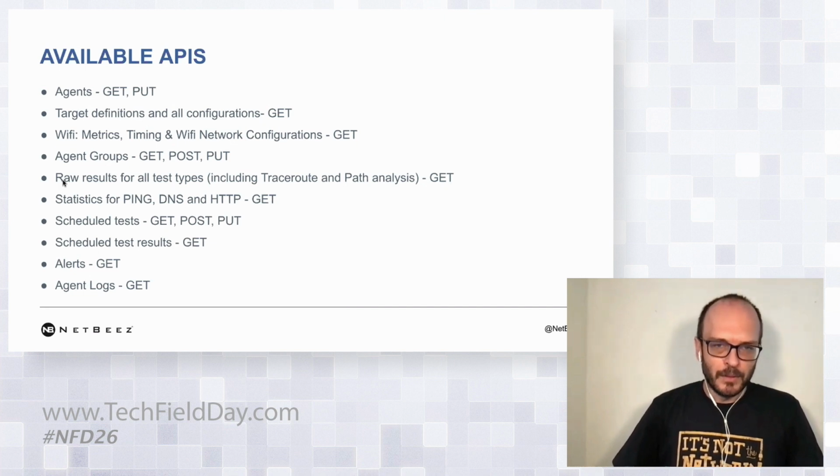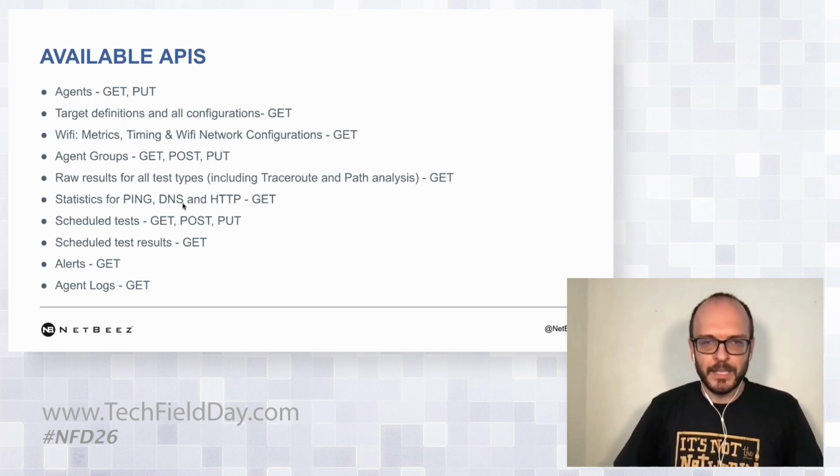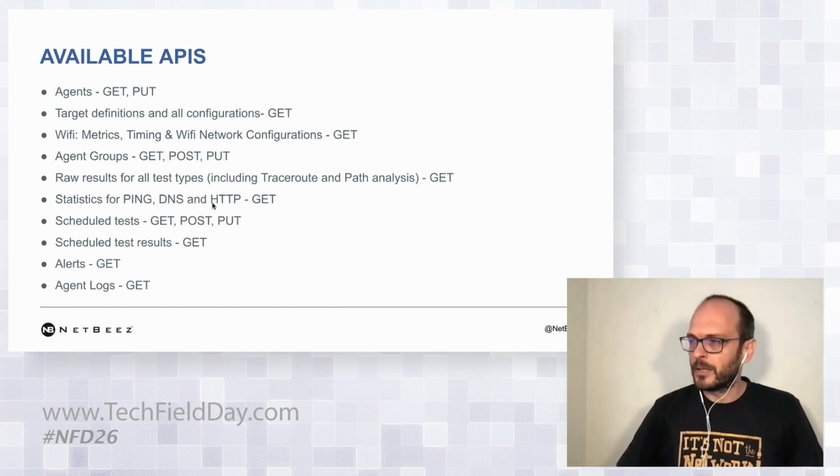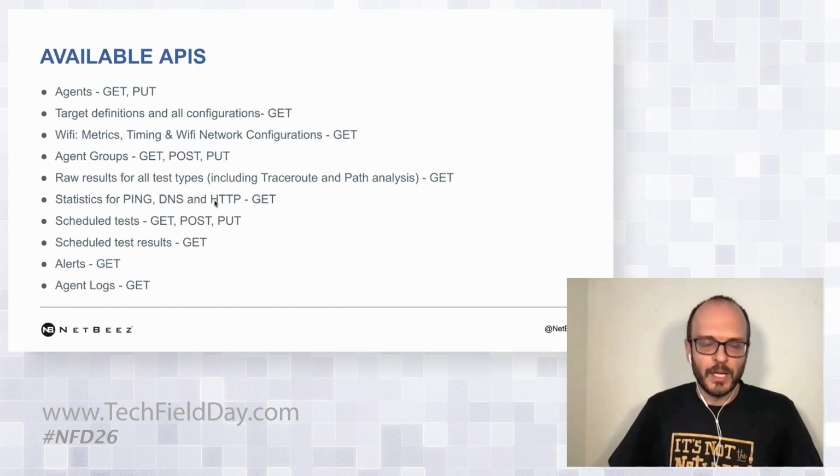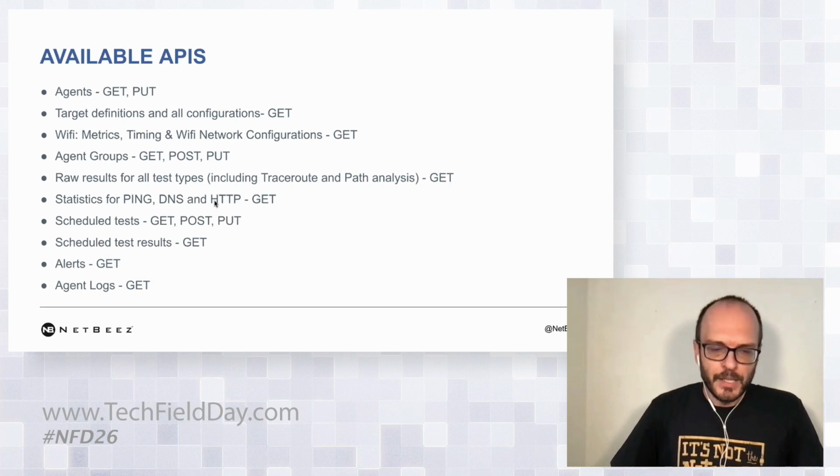And then on the data side, we provide all the raw results for all the test types: ping, DNS, HTTP, as well as traceroute and path analysis. You can get the statistics for ping, DNS, and HTTP, which include averages, standard deviation, as well as jitter and MOS.